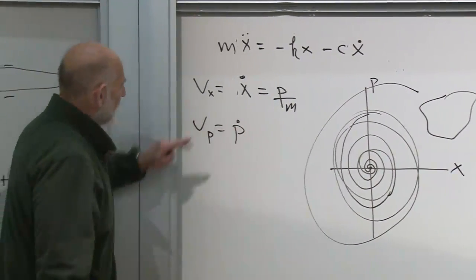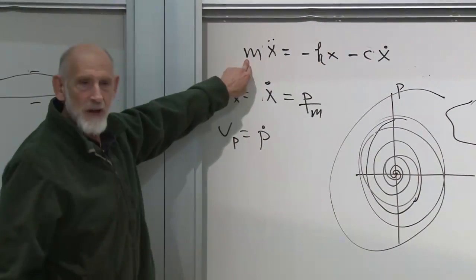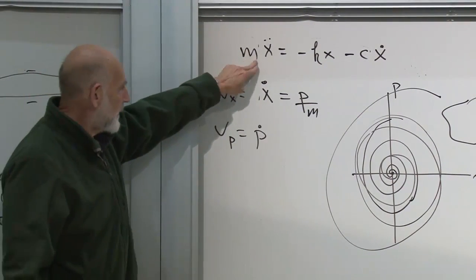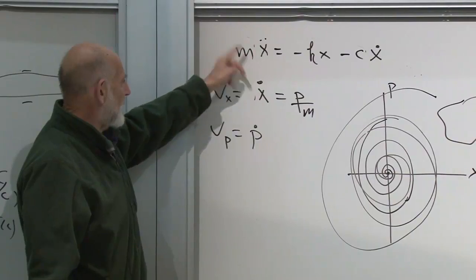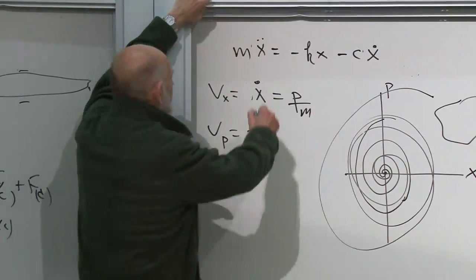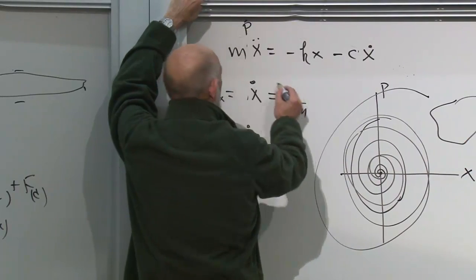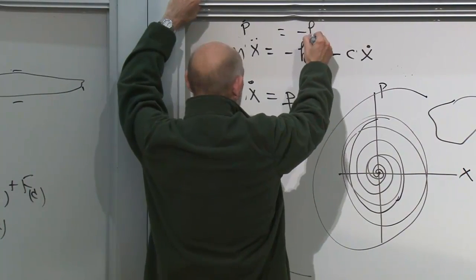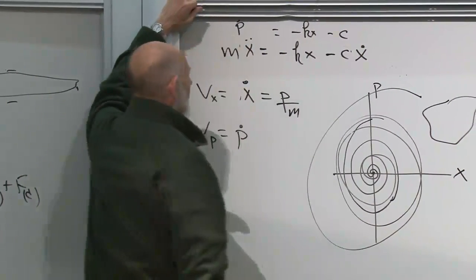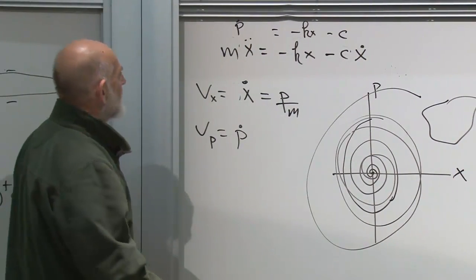And what is p dot? Well, the left-hand side of the equation here is p dot, right? This is p dot, d by dt of m x dot. So here's p dot. It's equal to minus kx minus c times p over m.